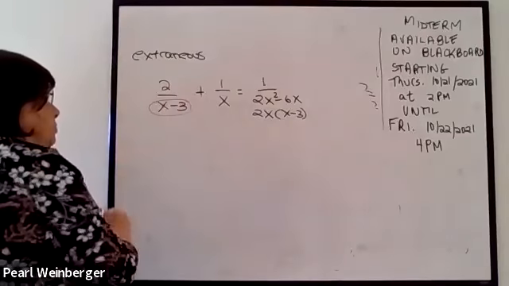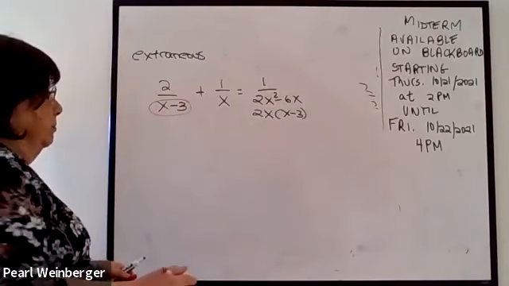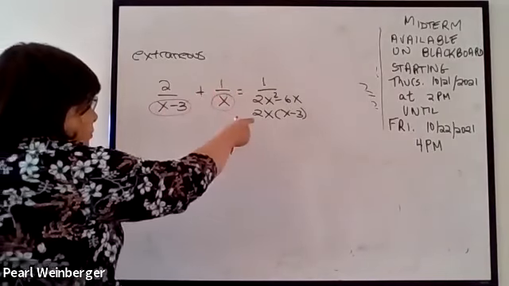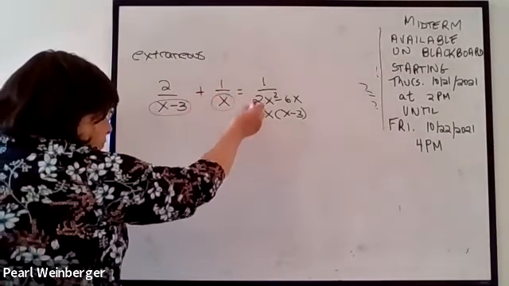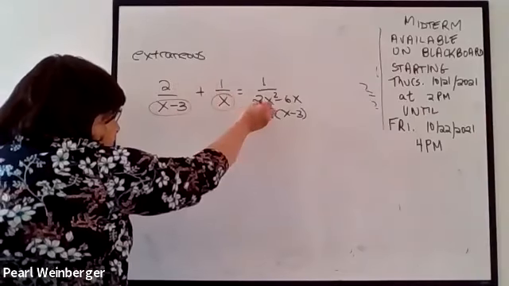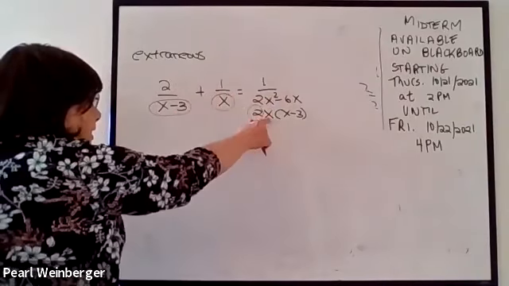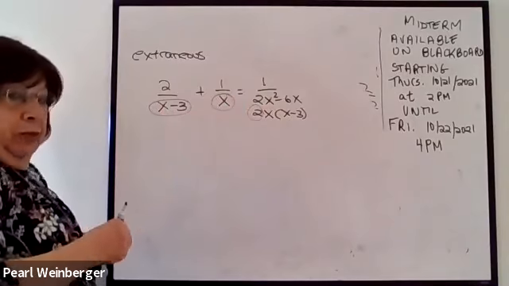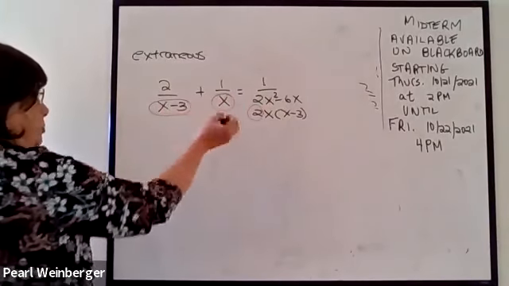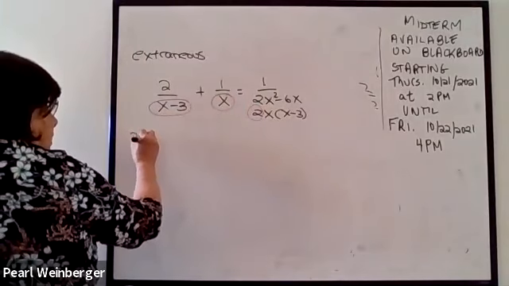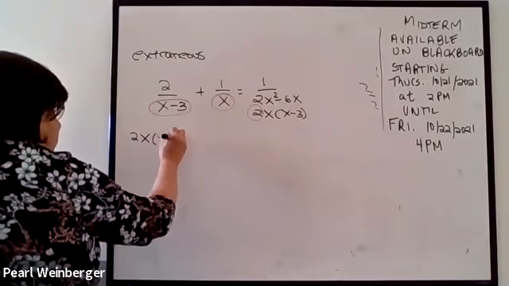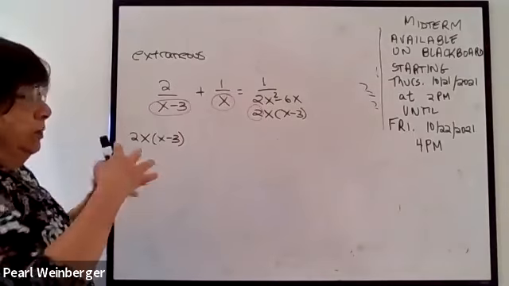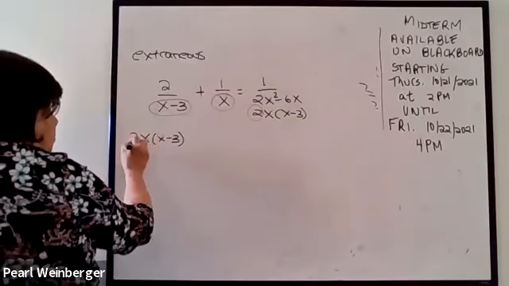In the first fraction, we have an x minus 3. In the second fraction, we have an x. In the third fraction, the factors are a 2, an x, which I already have, and an x minus 3 that I already have. So my common denominator turns out to be 2x times x minus 3. I don't have to put the 2 and the x in parentheses, because they're monomials, but they are factors.